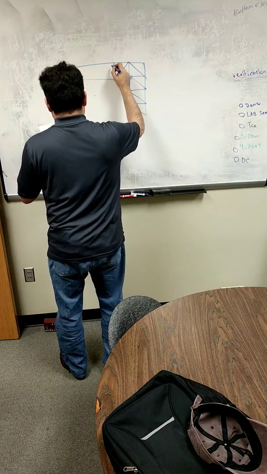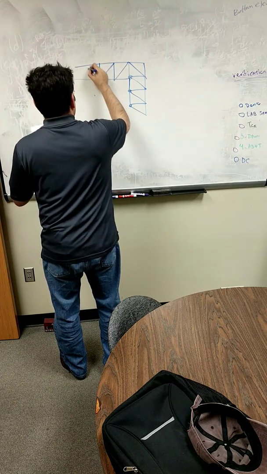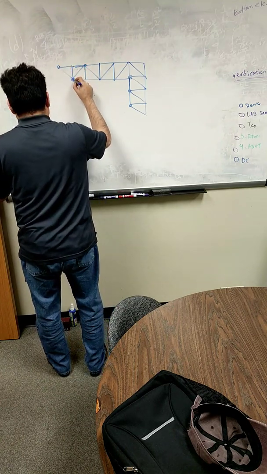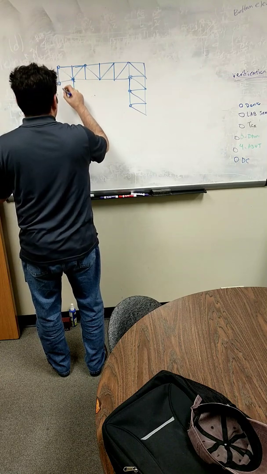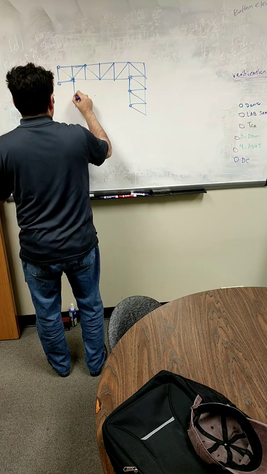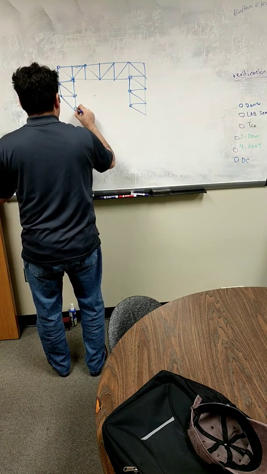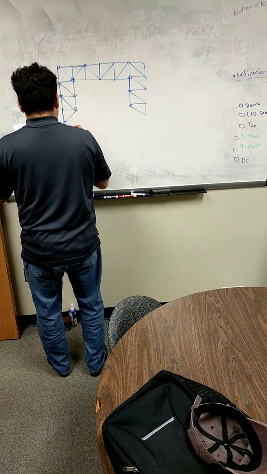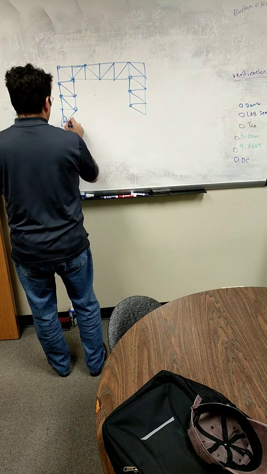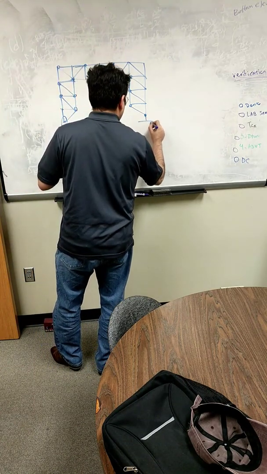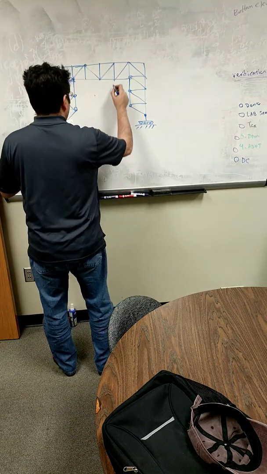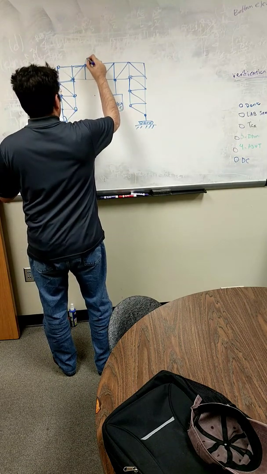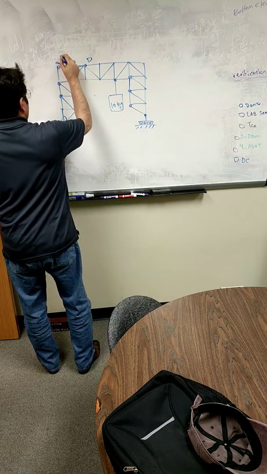So you have point B, C, and from here to here is 1 meter.